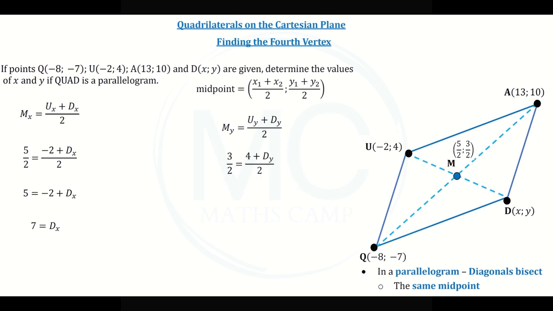Now we can multiply both sides by 2, and we get 3 is equal to 4 plus the y-coordinate of D. To get this coordinate by itself, let's subtract 4 from both sides, and we see that negative 1 is equal to the y-coordinate of D. Now we see that point D has an x-coordinate of 7 and a y-coordinate of negative 1. We can write our final answer down here.